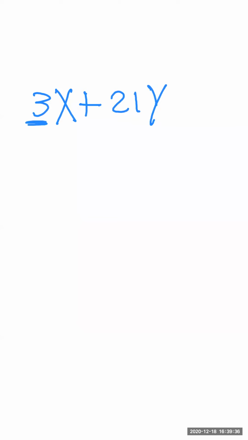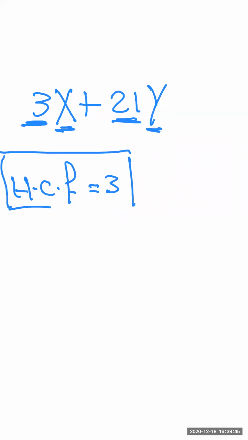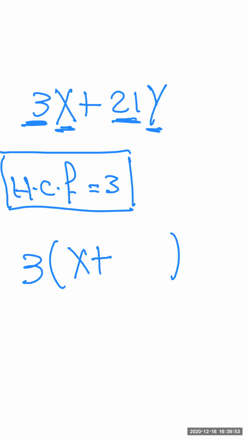Here, 3 and 21, so HCF will equal 3. X and Y are totally different, so nothing is common here. So only 3 is the highest common factor. So 3, then brackets. X plus 21 divided by 3 means 7. Y divided by 1, because we don't have Y here, so it will be Y. That's it. Okay, guys?